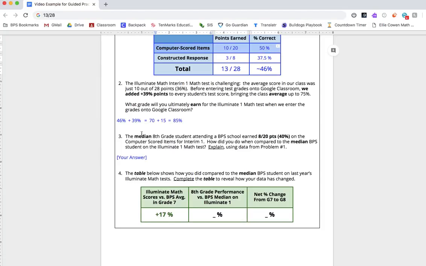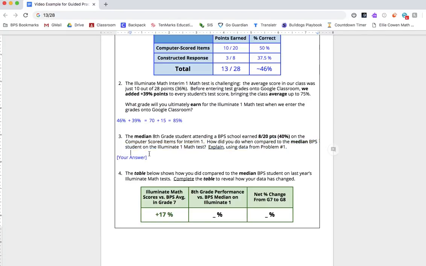So for this test, the median, or the student right in the middle for all of the 8th graders in Boston Public Schools this year, scored 8 out of 20 points on the multiple choice. That's 40%. You're asked to figure out how you compared to the average student who was scoring 8 out of 20 points, or 40% on the multiple choice yesterday.